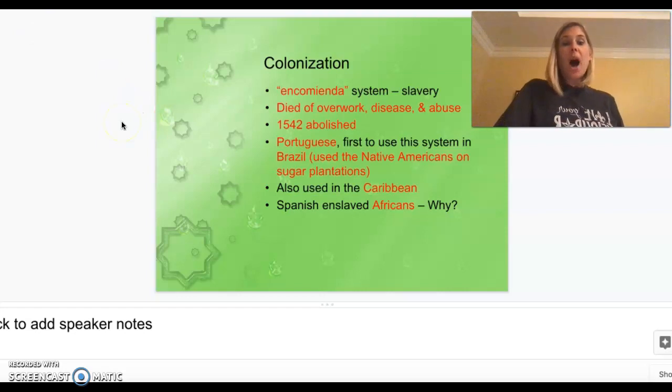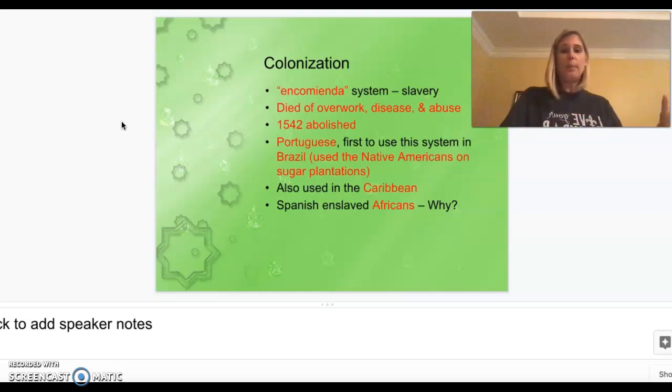Now, before it was abolished, you need to know that the Portuguese actually used this system first. They used it in Brazil. Remember, we talked about how Portugal laid claim to Brazil. And in Brazil, you had a large population of Native Americans located there. And the Portuguese start growing a lot of sugar there because it's a perfect environment to grow sugar. And then they can, of course, sell it back in Portugal.